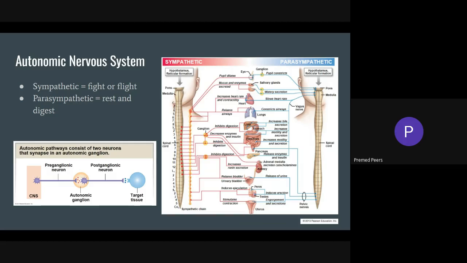So I don't know if that's something that's super necessary to know for the MCAT, but I think it is definitely a good detail and helps give you a better overview of what's going on here. So there is a distinction between how your autonomic nervous system regulates the sympathetic and parasympathetic systems. Any questions about that?